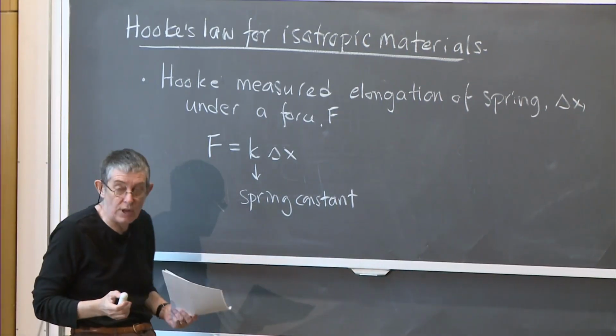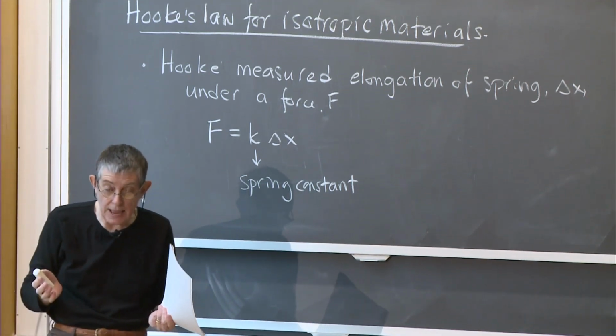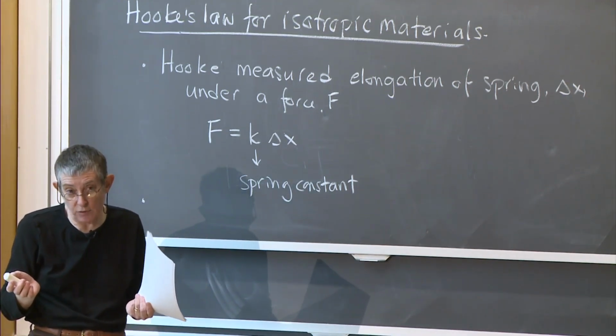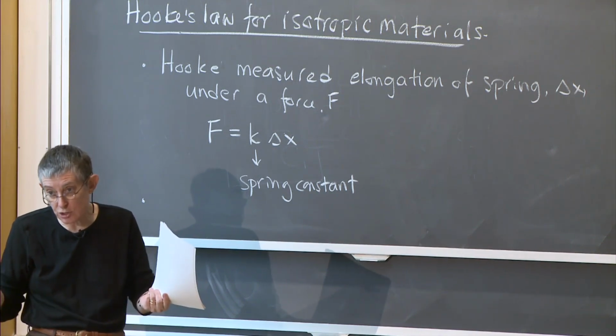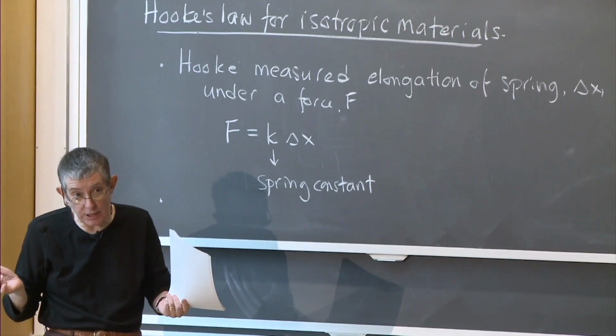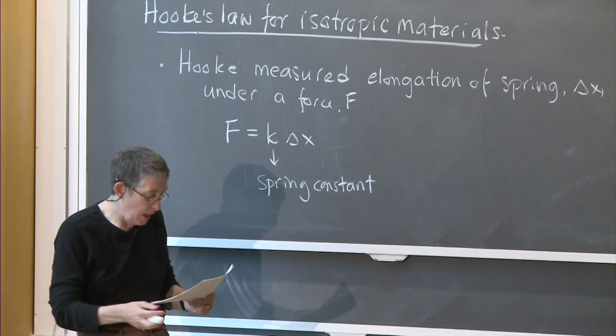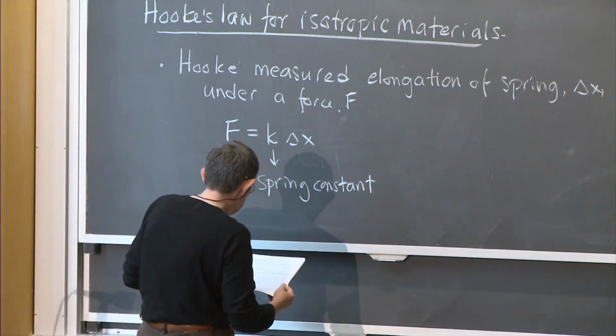But in general, if we have a bar that's linear elastic, we have the same kind of relationship. If I apply a force to it, the displacement or the elongation of the bar is linearly related to that force. And that is Hooke's law for a material.